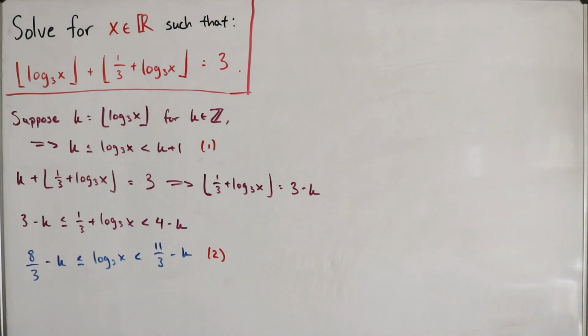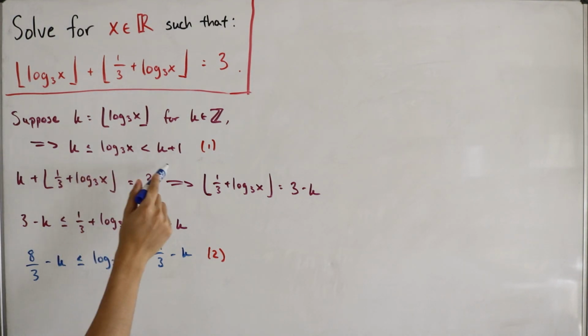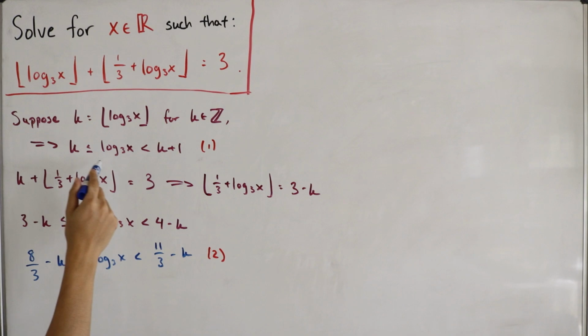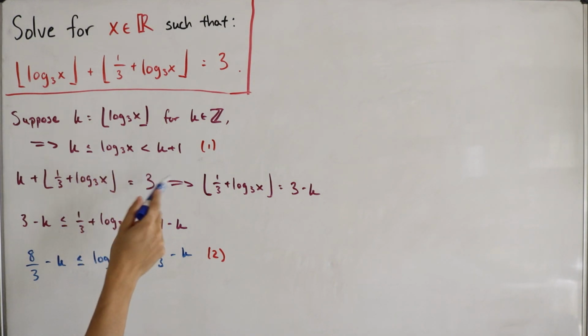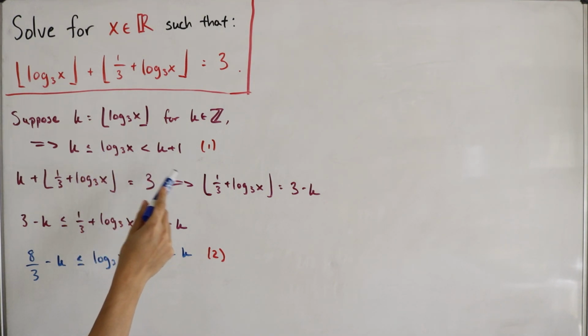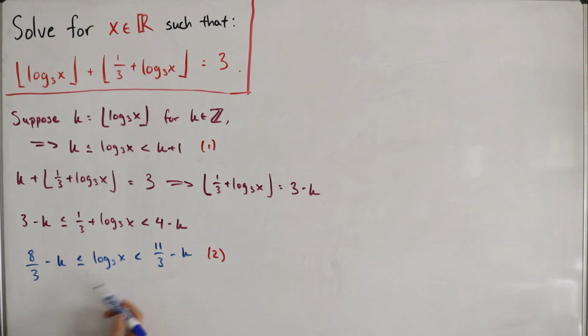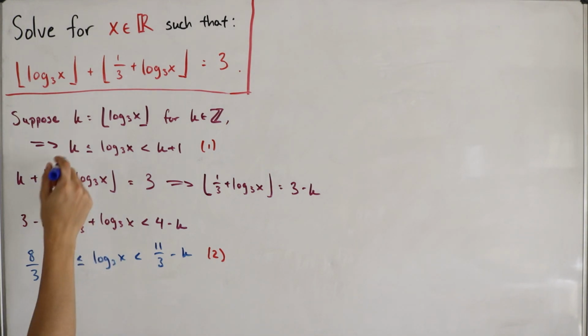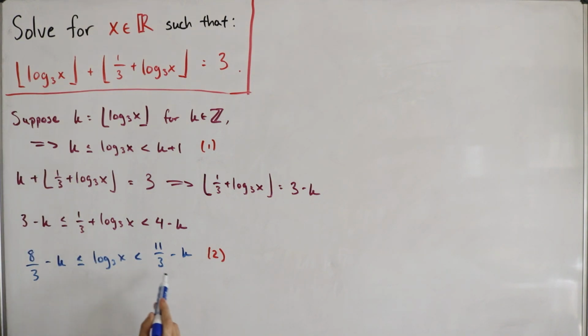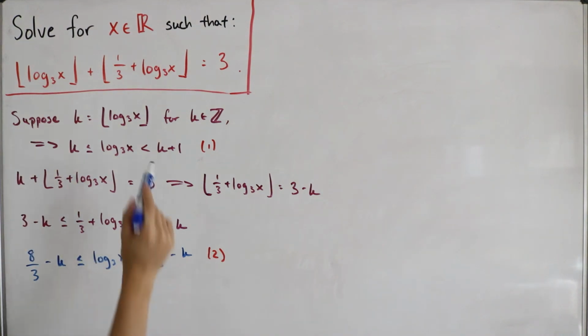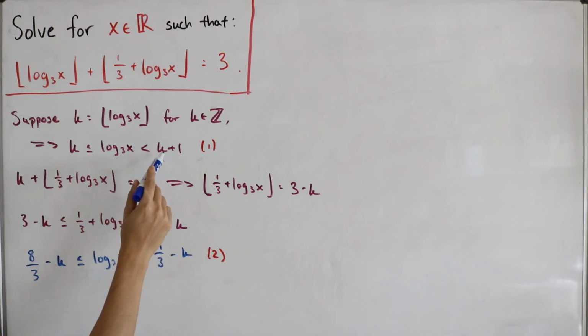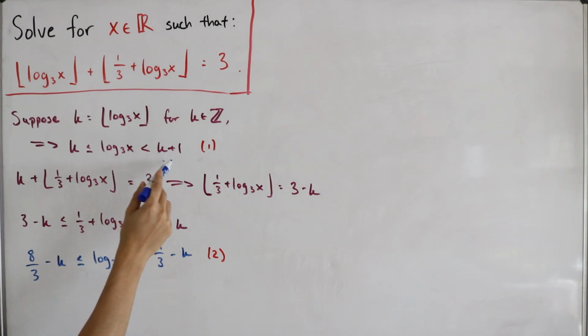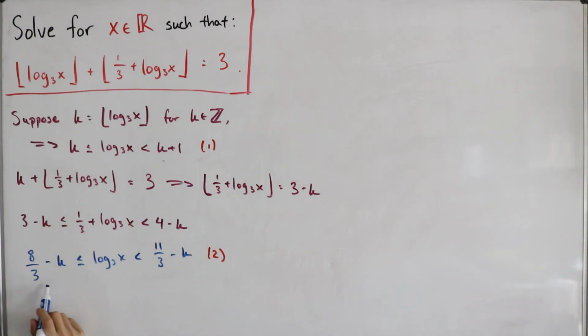In equation 1, k is less than or equal to log base 3 of x, strictly less than k plus 1. Plugging this back in, I'm going to compare the leftmost side, k, with the leftmost side of equation 2, and do the same thing for the rightmost side, k plus 1, compared with the rightmost side over here.